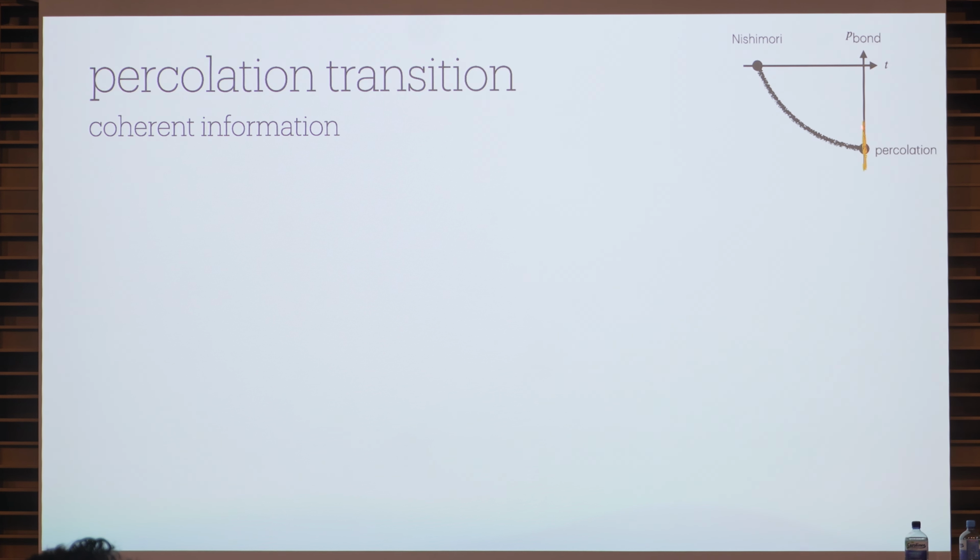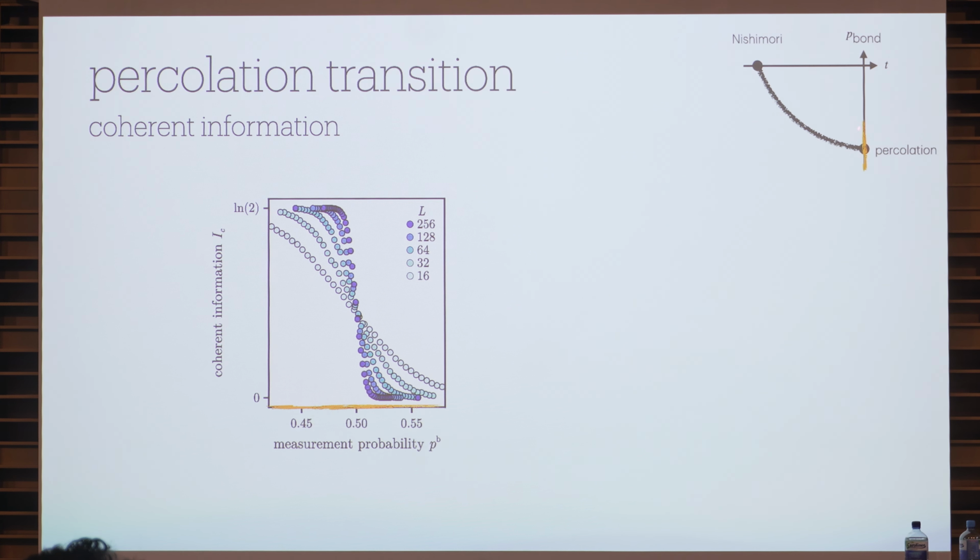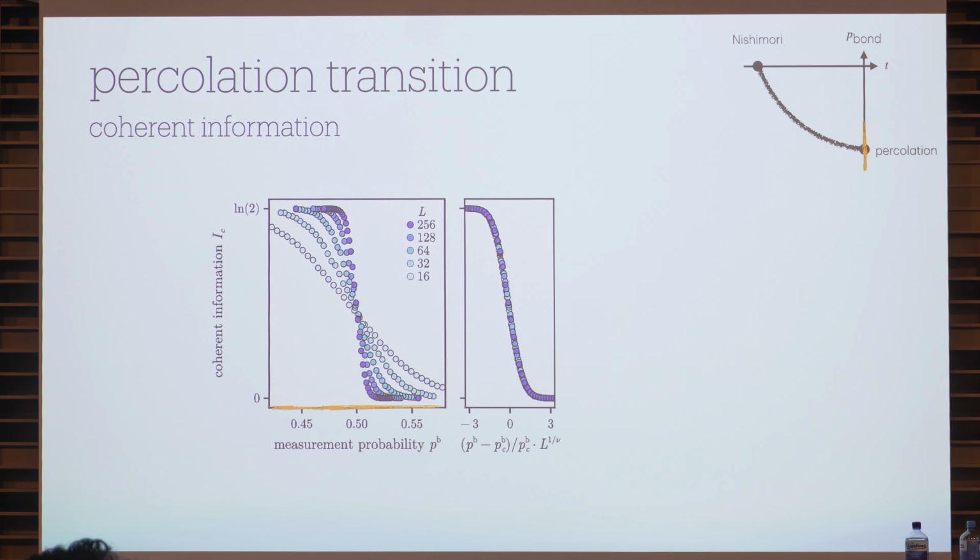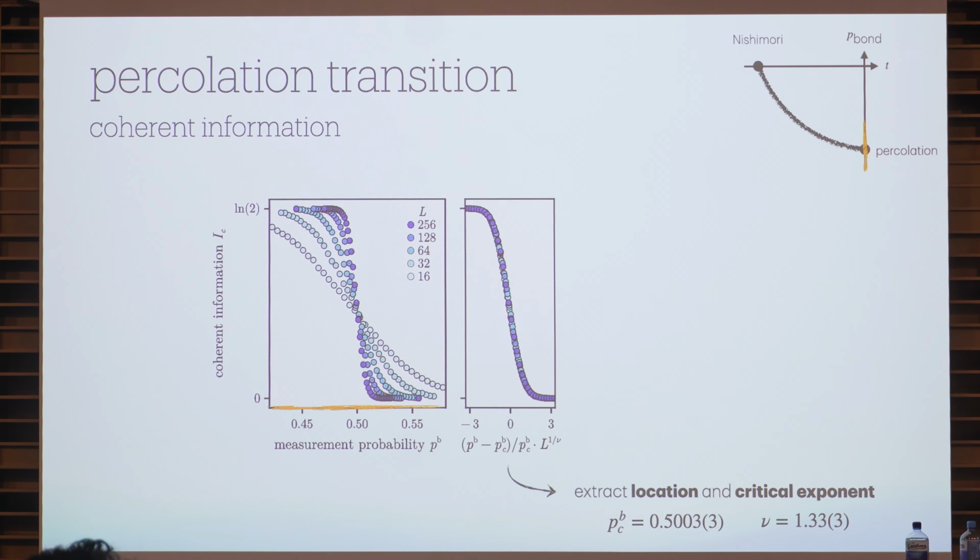So let's look along this percolation transition over here, because for percolation, we kind of know everything. And we want to plot the coherent information along this cut through the phase diagram. And it looks something like this. We can do a finite size scaling analysis. We do the scaling collapse. And from that, we extract both the critical location and also the critical exponent.